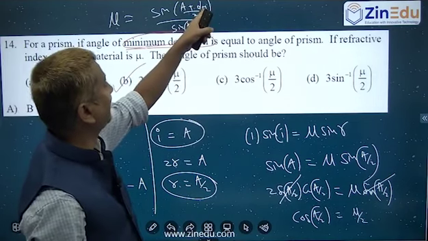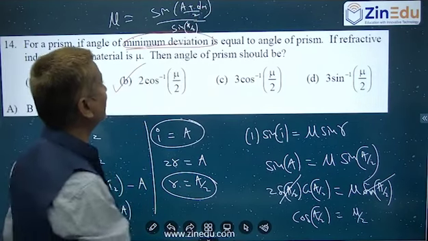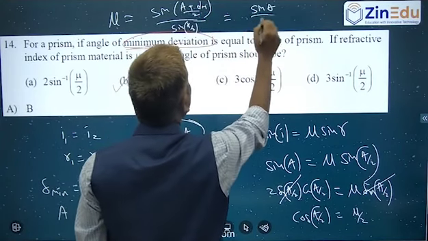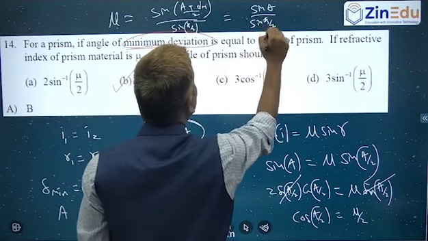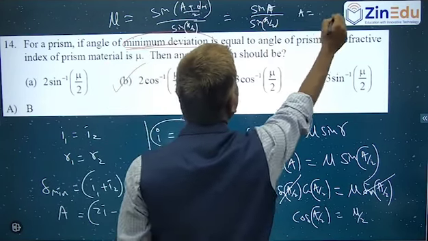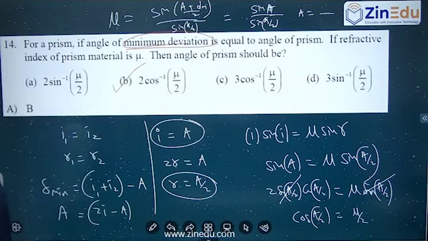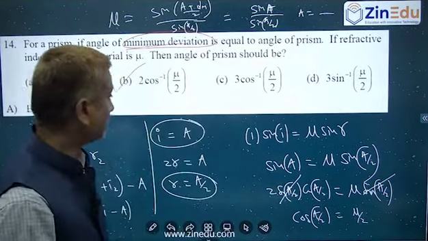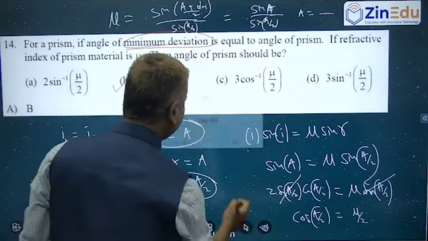So already Dm is the same as A, so you can nicely get sine of 2A by 2, that is sine A, by sine of A by 2. Like this also you can do it and you can get the value for A. Same. So if you know this formula directly, you can do it nicely. Alright. Next question.